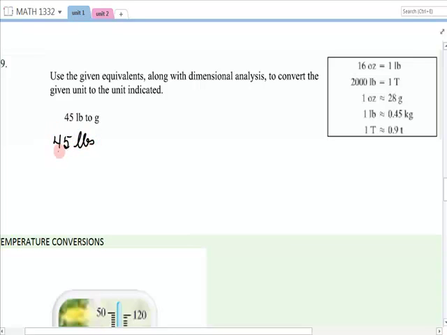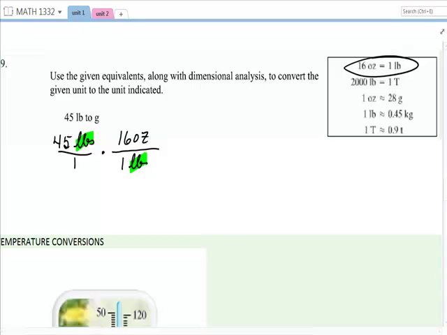45 pounds over 1. I'm going to use this fact, and I need 1 pound, and I need 16 ounces. Now, before I stop, when we finish this, you notice that, of course, the pounds will go, and whatever that answer is, it's in ounces.